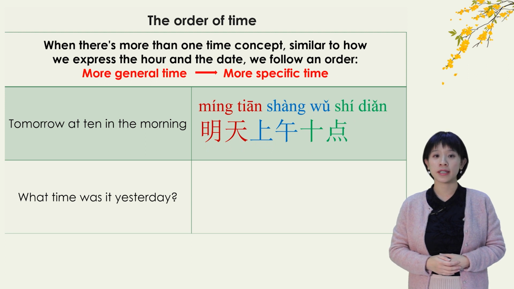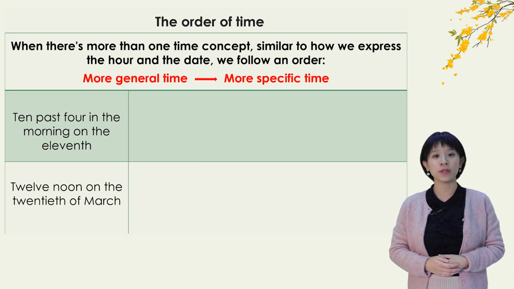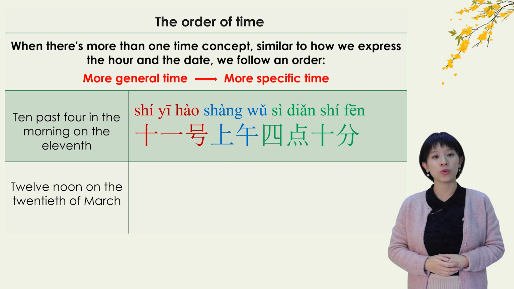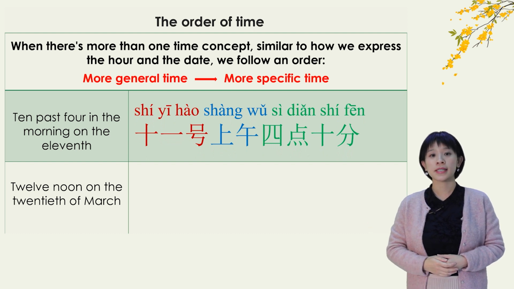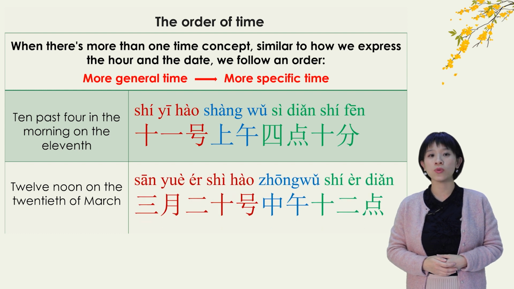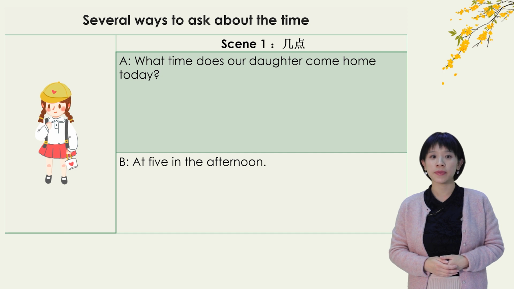What time was it yesterday? 昨天几点? 10 past 4 in the morning on the 11th. 11号上午4点10分. 12 noon on the 20th of March. 3月20号中午12点.